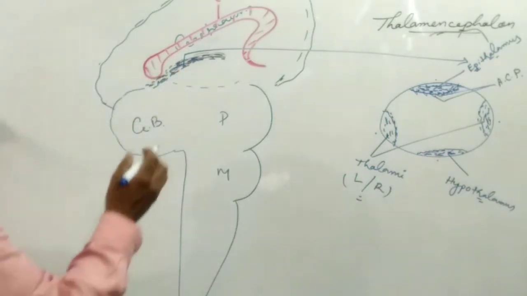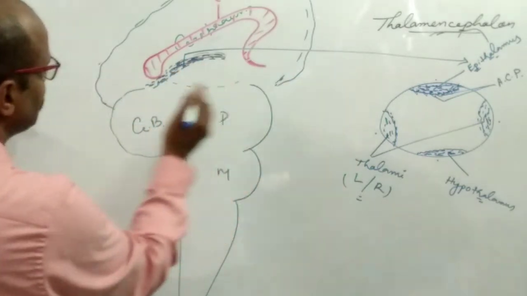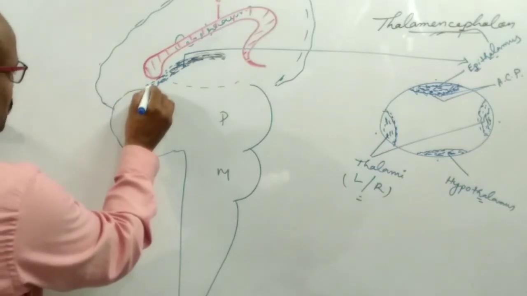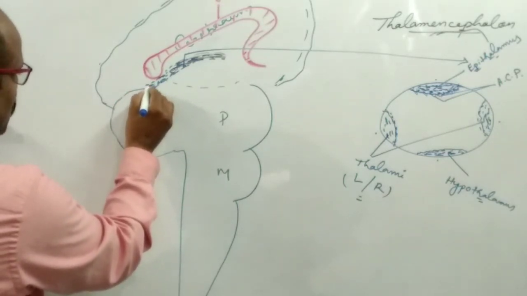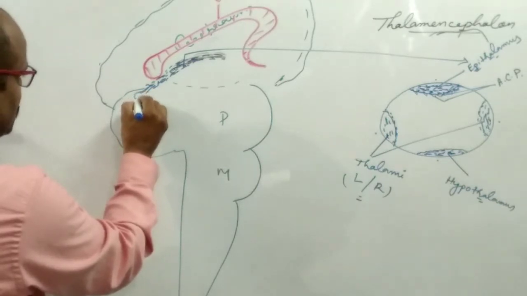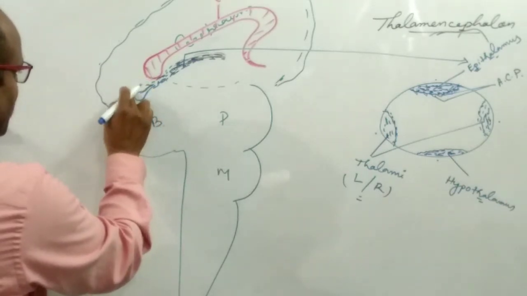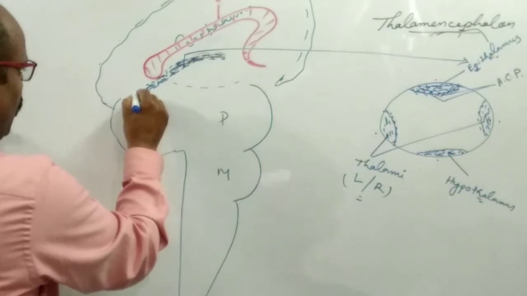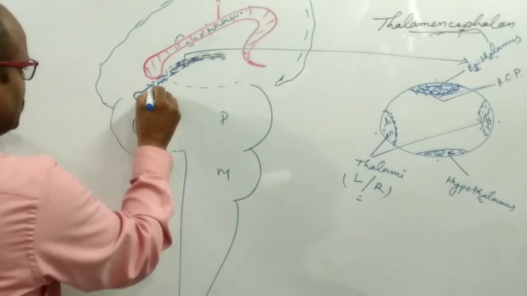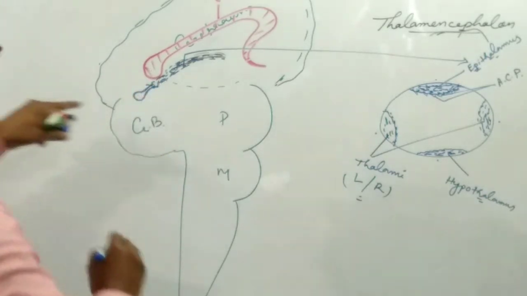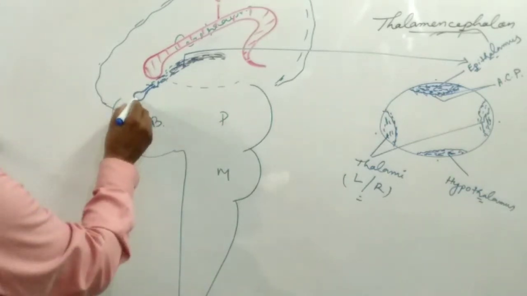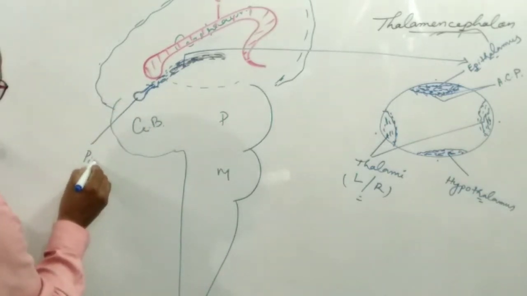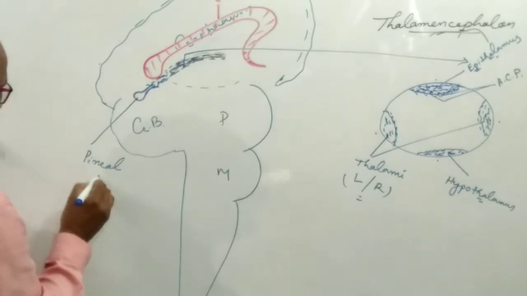The posterior region of the epithalamus has a stalk, and the stalk holds an oval body, which is known as the pineal gland, or pineal body.